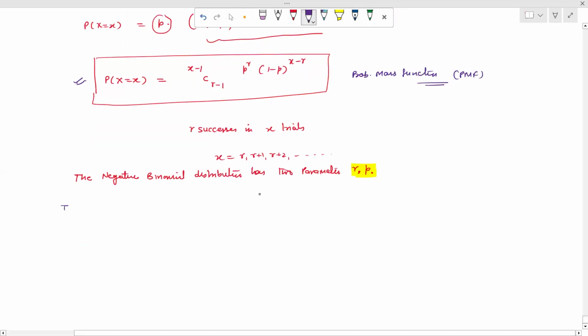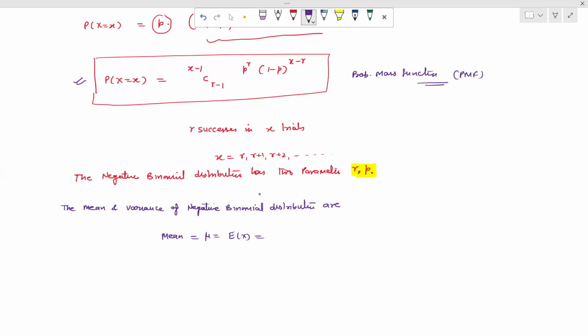The mean and variance of negative binomial distribution are: mean mu equal to expectation of X equal to rq upon p, and the variance we denote as sigma square equal to rq upon p square.